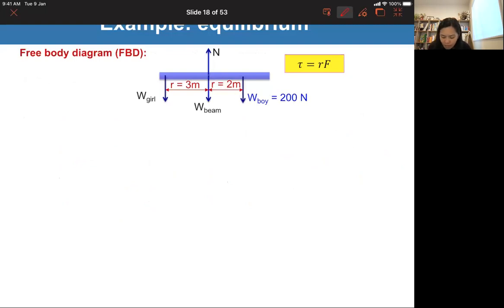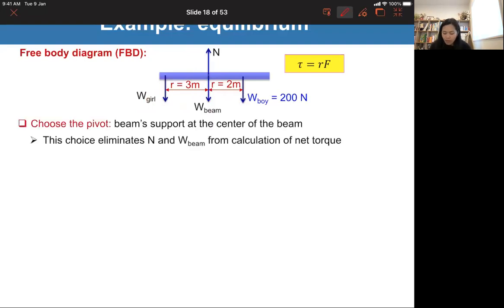Now that you have your free body diagram, determine your lever arms. A lever arm is the distance between the weight of the boy and the pivot point, and the distance between the weight of the girl and the pivot point. Then you choose the pivot point for calculating the torque.